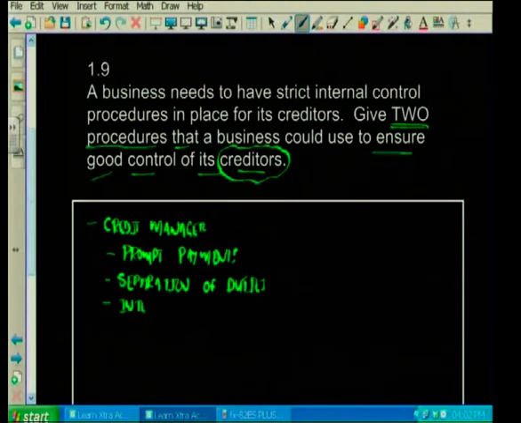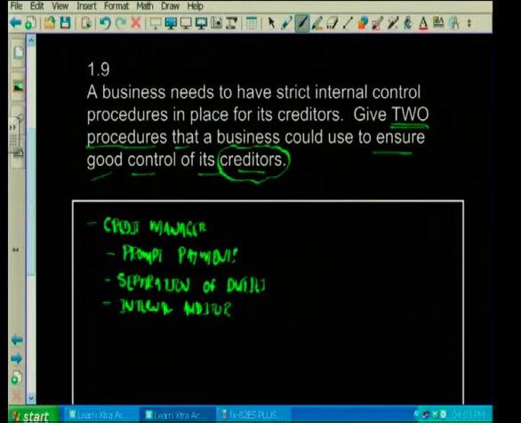Maybe use an internal auditor. Now, remember that you get 2 types of auditors that you will be dealing with.